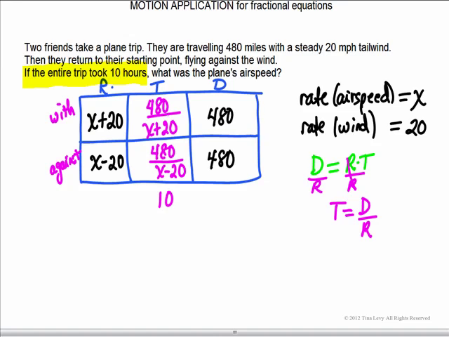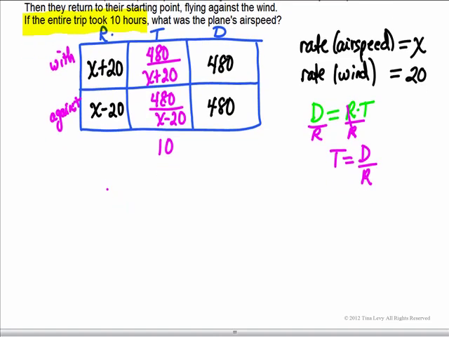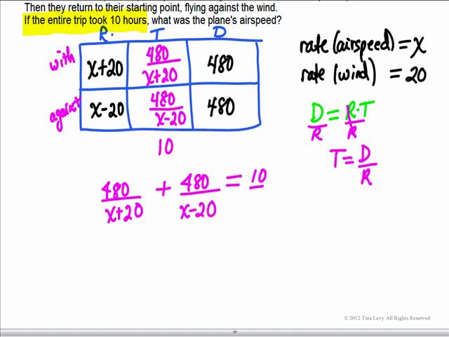And that's what's going to give me my equation that I'm going to solve. So my equation becomes 480 over x plus 20 plus 480 over x minus 20. That total is 10 hours, and I write it as 10 over 1. That will be the equation that I solve.